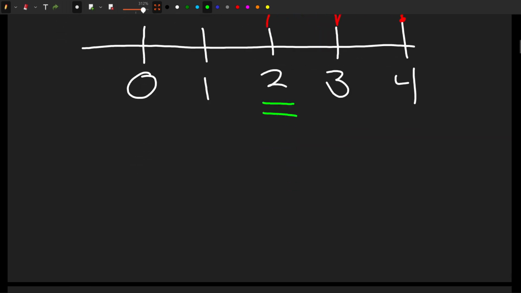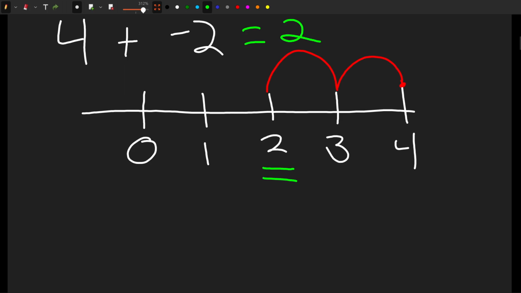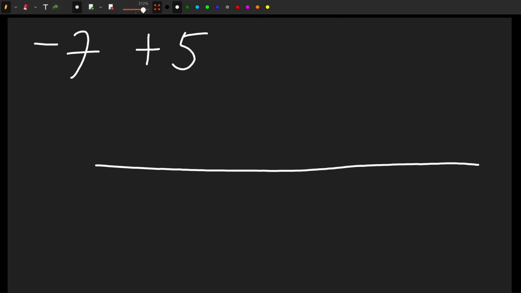Now, if I start with a negative number and then have to add a positive number, it's very similar, except we just start our number line on the negative side of 0. So for example, if I have -7 plus 5, we'll start on the negative side of 0.